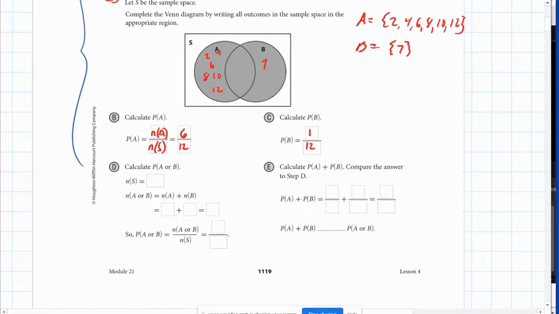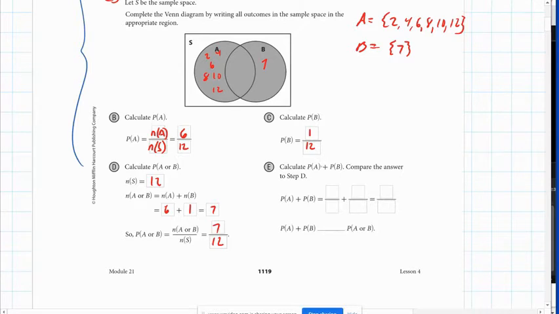And so to calculate A or B, this has 6 and this has 1, so that would be 7. So the probability of A or B would be 7 out of 12.